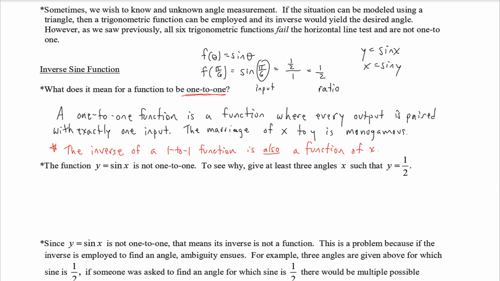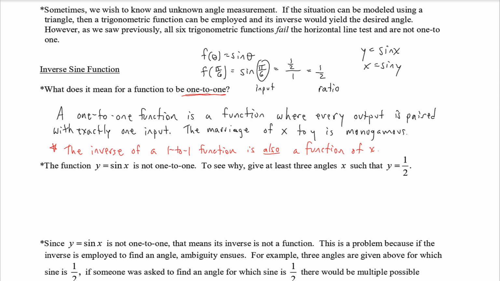If you start out with a function of x, and that's a 1-to-1 function, its inverse will also be a function of x. That's why we cared. If we knew a function was 1-to-1, we knew its inverse would also be a function of x. It would pass the vertical line test.